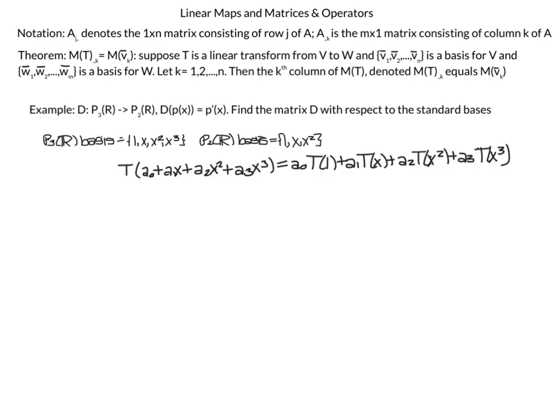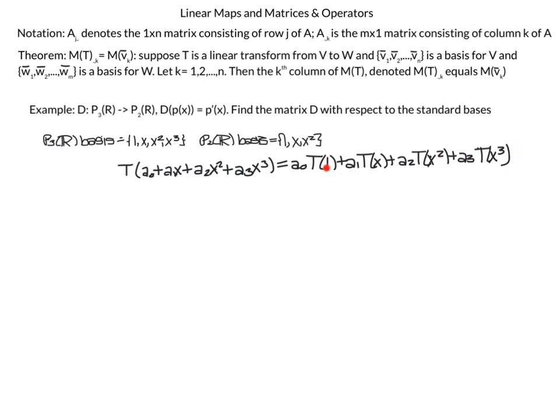And that's because any polynomial of degree 3 or less is of this form, a0 plus a1x plus a2x squared plus a3x cubed, and any transformation, in this case we're talking about the derivative, but any transformation of this vector can be broken down, because it's linear, into a0 times the transformation on the first basis vector, which is 1, plus a1 times the transformation on x, plus a2 times the transformation on x squared, plus a3 times the transformation of x cubed.